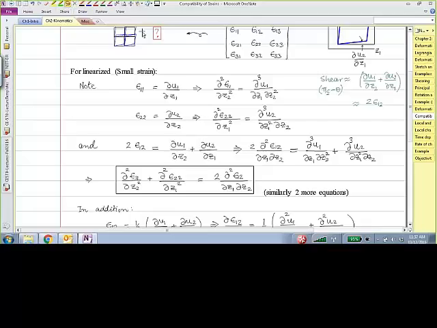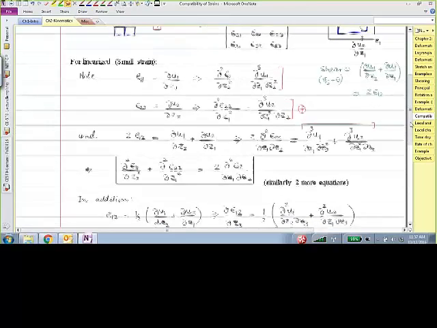Now note that if I take this and add them together, I should get these two terms, right? Which is basically what this first condition says. The sum of this plus this is equal to this. That's one of the compatibility conditions.